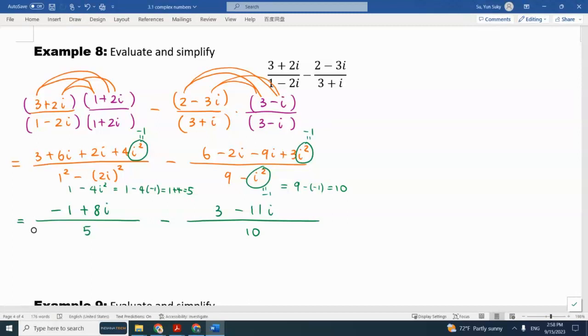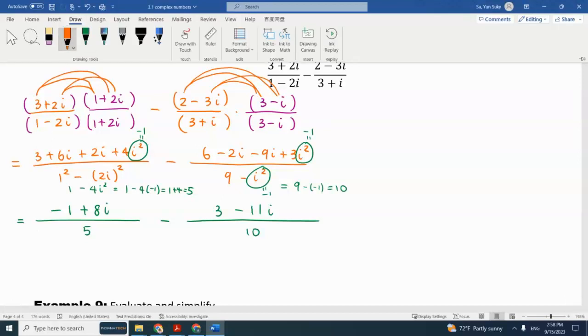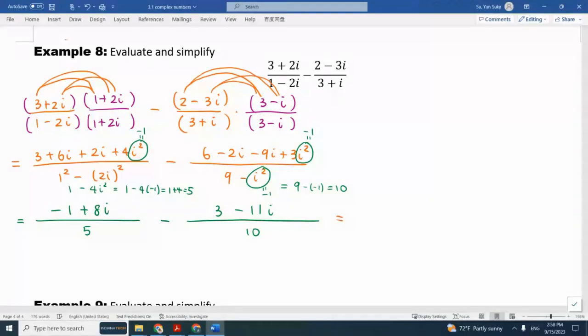Is that okay, everybody? All right. Very good. Now I would say split the real parts and the imaginary parts. Okay, let's split them.